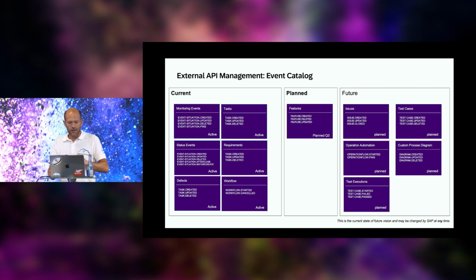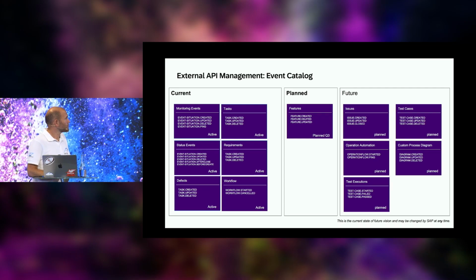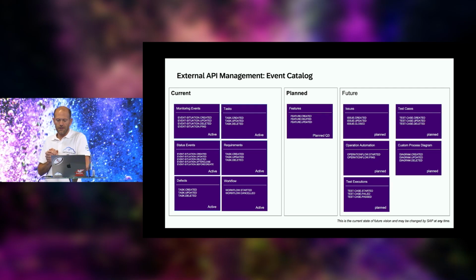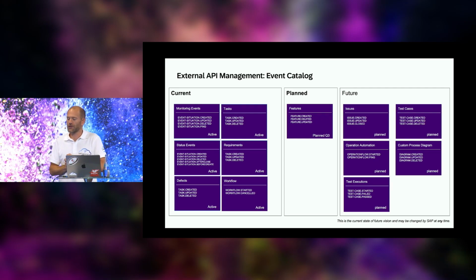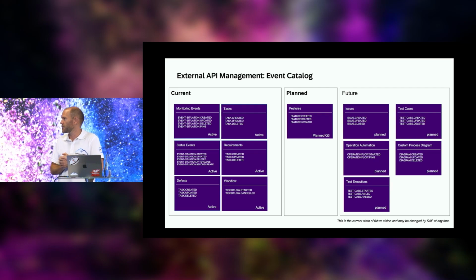All of these events are available right now. As you can see in the slide, the feature event was planned for Q3. It's already delivered since the beginning of September. And what we plan for next year is events for issues, test cases, operation automation, custom process diagrams, and test executions.